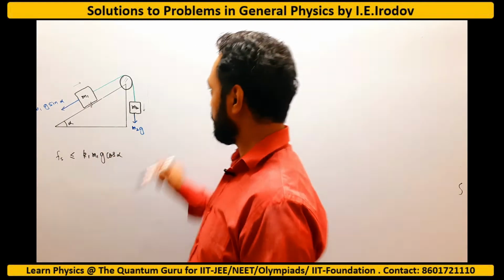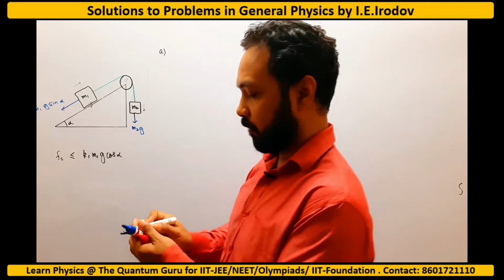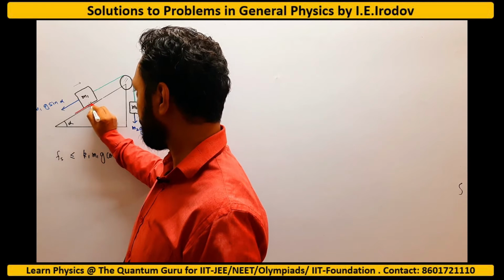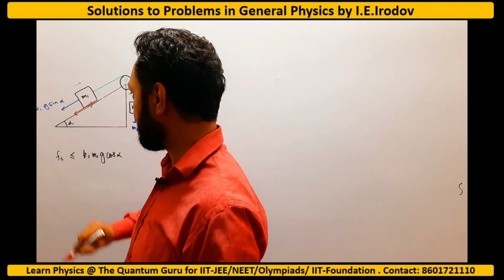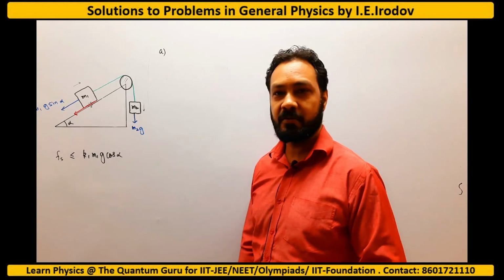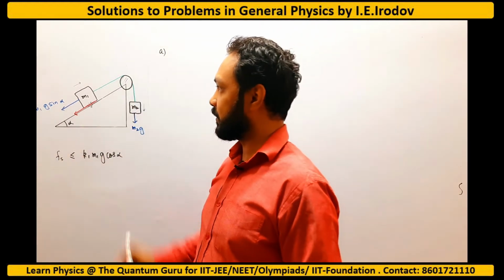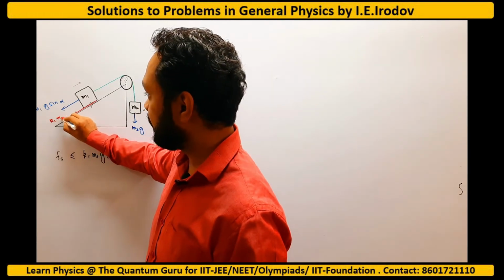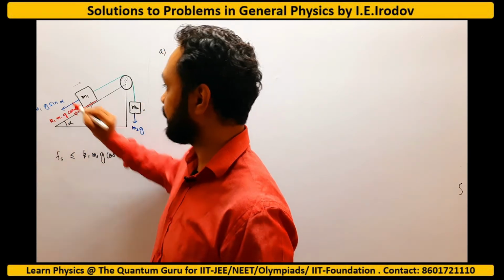So if we talk about option A, static friction will act at all its might, which is Fs max. Fs max is k m1g cos alpha, and opposite to the tendency of the motion. So that would be here k m1g cos alpha.